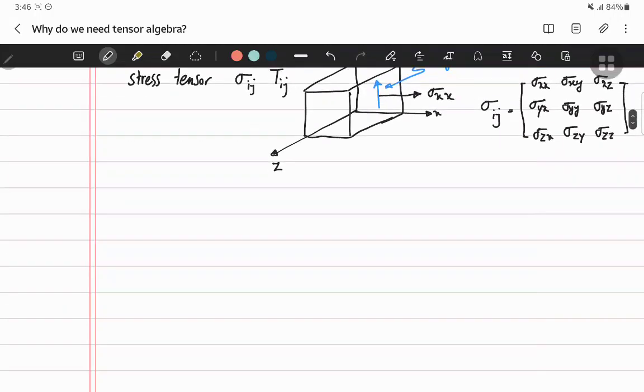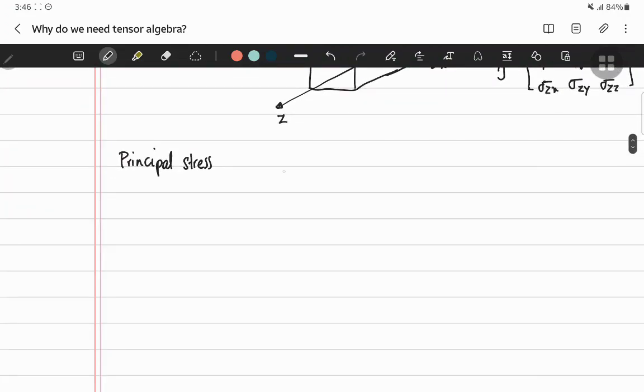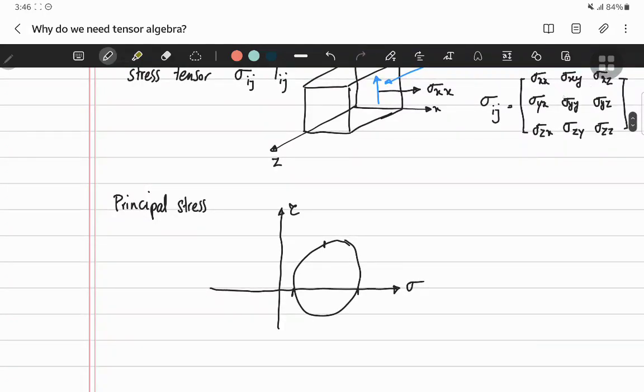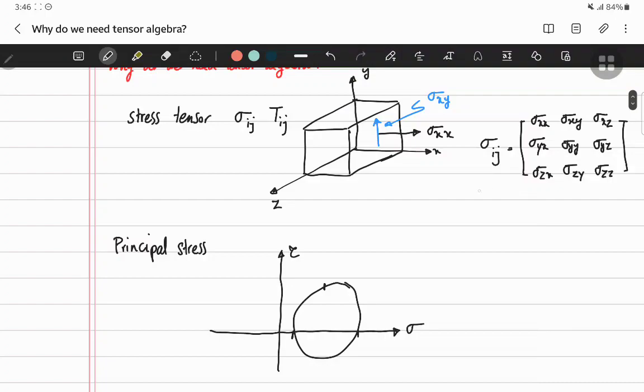If you remember, for example, the principal stresses, you already remember the Mohr circle, where you found the maximum and the minimum of a stress. It was a circle where you had the maximum and minimum normal stress as well as the maximum shear stress. Here you can find the principal stresses from this matrix, or this tensor, it's better to say.